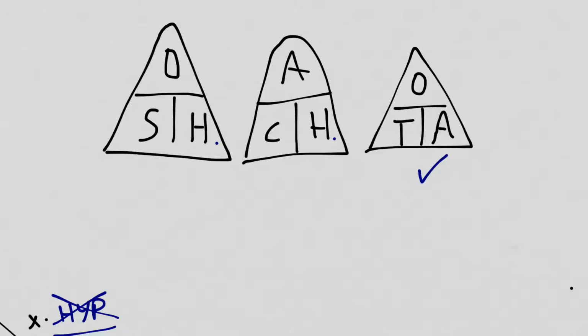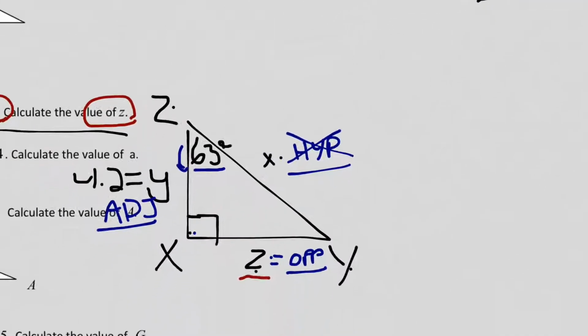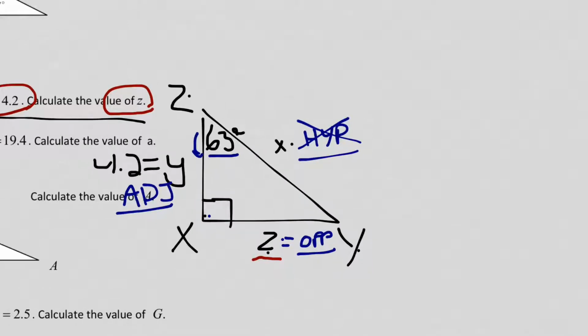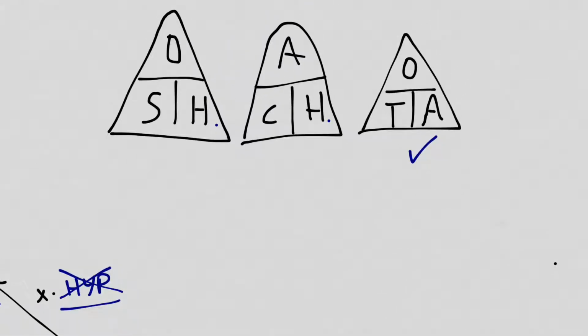What makes these shortcuts nice to work with is that we can figure out what we're solving for. It's the opposite that we're solving for. So if I want to solve for the opposite, it's going to be the tan of the angle multiplied by the adjacent, because they are side by side. If instead I was solving for the adjacent, just to show you how this works, it would be the opposite divided by the tangent, because as you can see within the triangle, opposite is over tangent, so it's indicating divide.